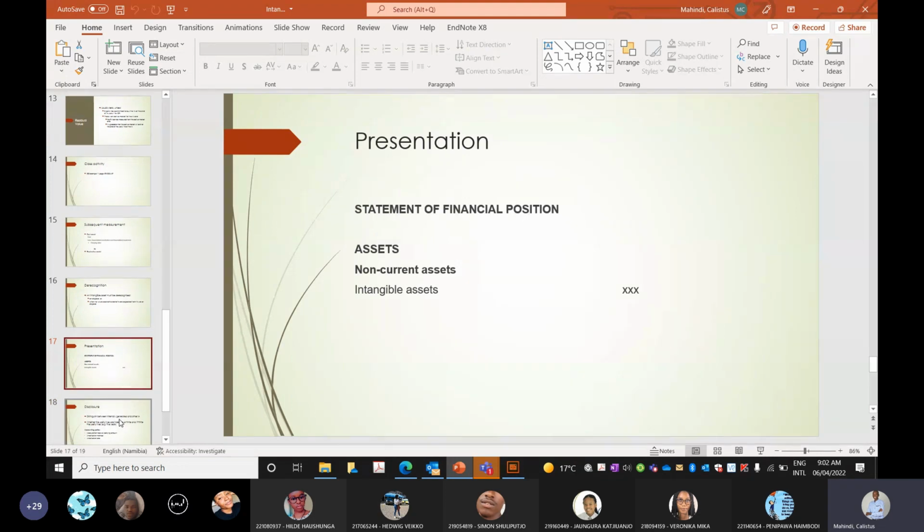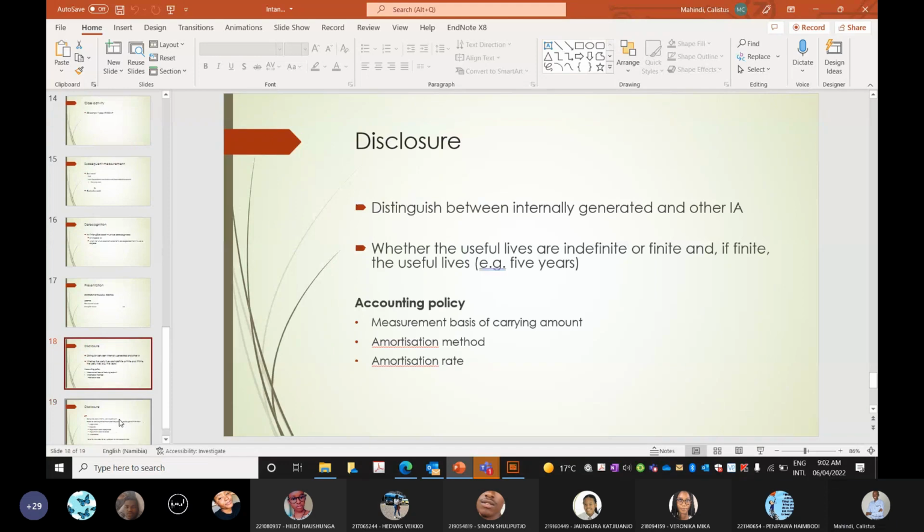Presentation, how to present intangible assets: as one line item in the statement of financial position. In the statement of profit or loss, you will obviously show your amortization expense. Now for disclosure, how do you disclose intangible assets?